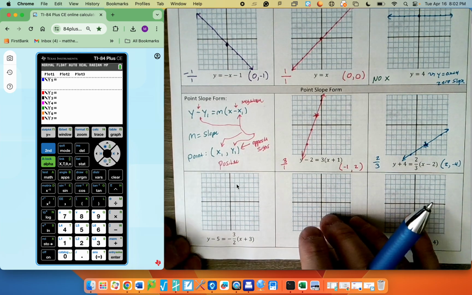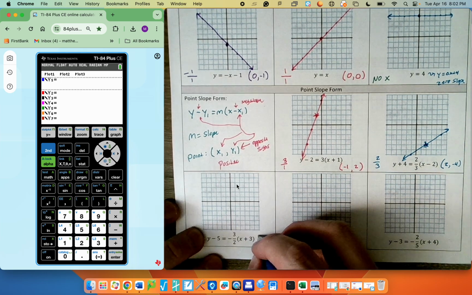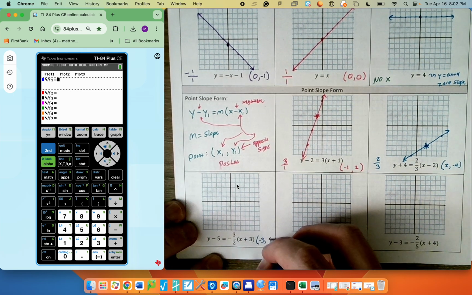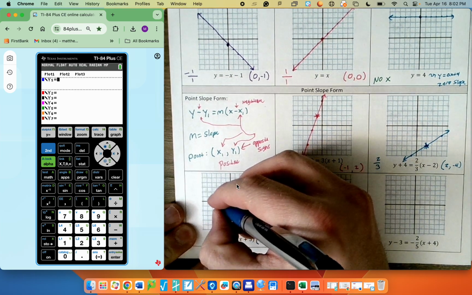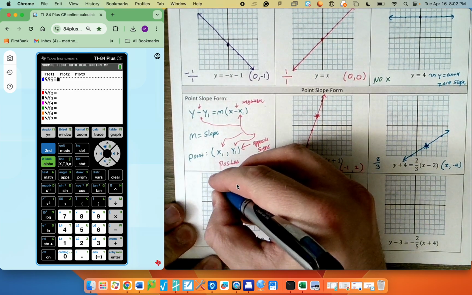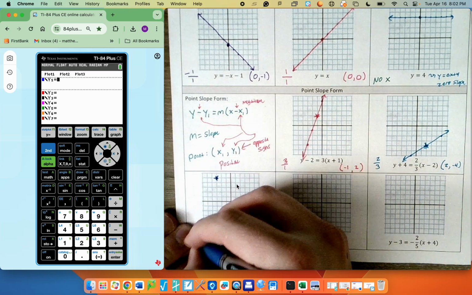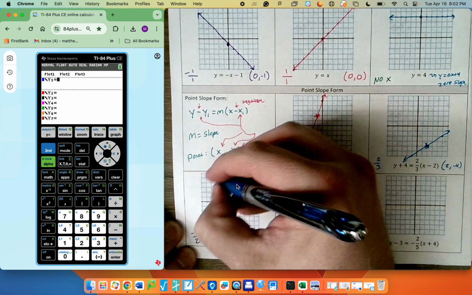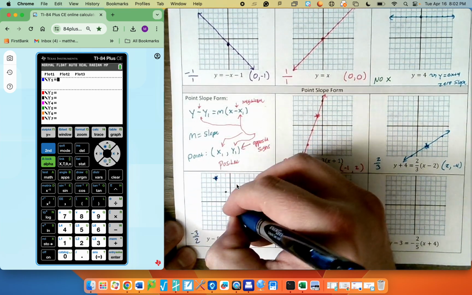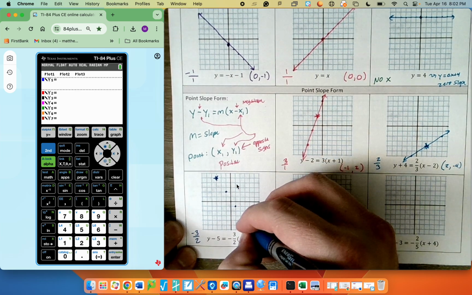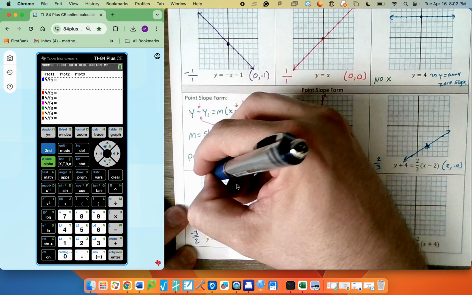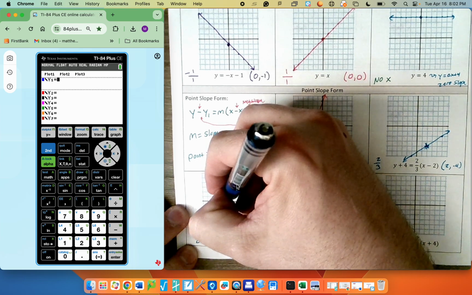All right, this one right here, -3, +5 for our starting dot. Then our slope, down 3, right 2. Down 3, right 2. Down 3, right 2. Connect the dots.